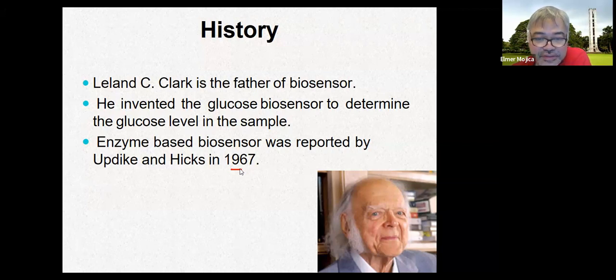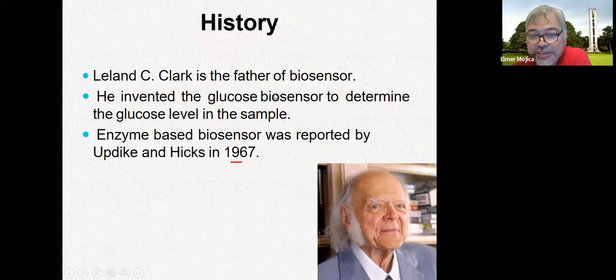So if you look at the history of biosensors, it's really a very new field. For Leland Clark, ito na siya itsura niya, he invented the glucose sensor to determine the glucose level in a sample.